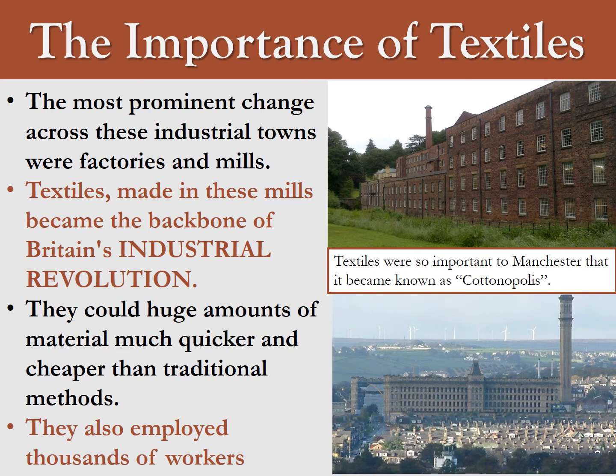Bradford was massively involved in creating textiles from wool rather than cotton. So the wool was grown locally, if not in Europe, shipped to places like this mill in Bradford and processed into material. This is why these two cities particularly became huge industrial centres in this period.